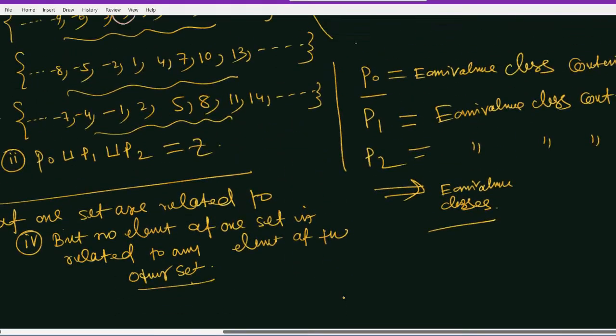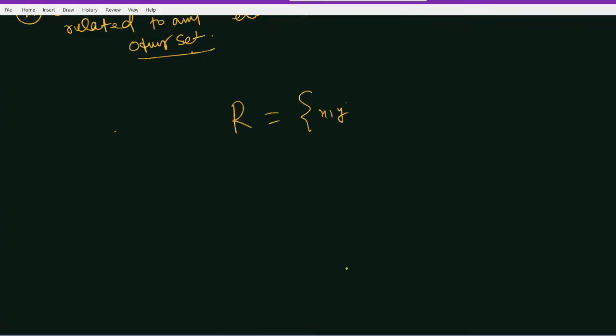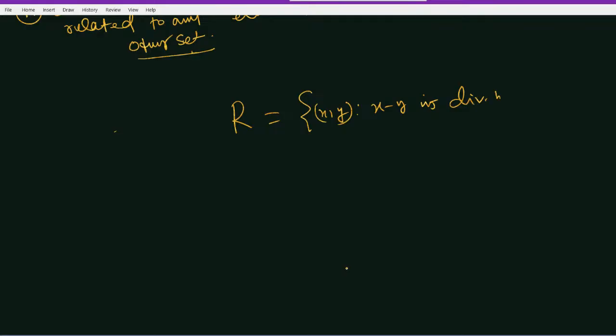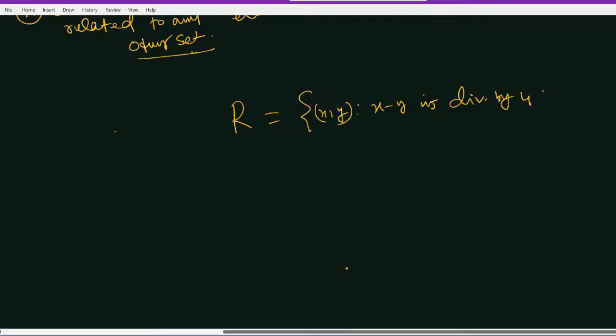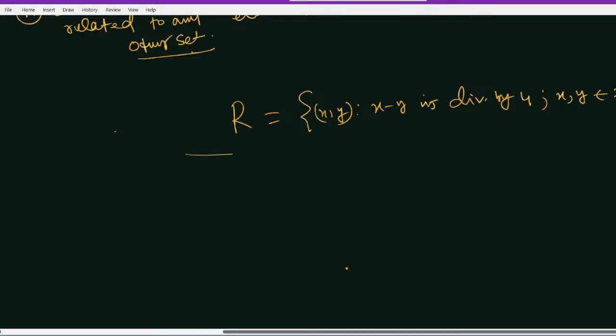If you consider this relation R equal to, try to construct it before I do. R, I am writing, xy such that x minus y is divisible by 4 and xy belongs to Z. Can you write the equivalence classes here? x minus y is divisible by 4 on the set of integers.